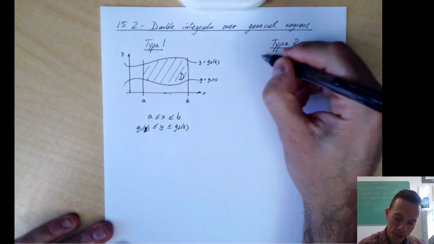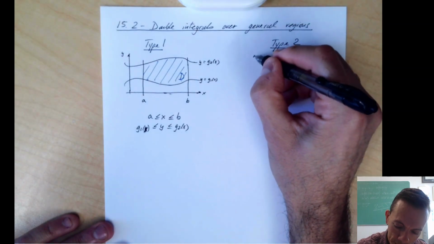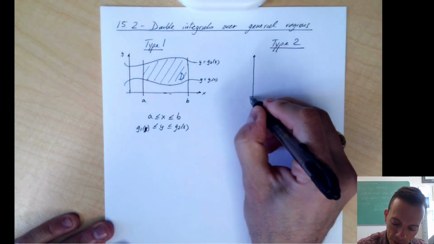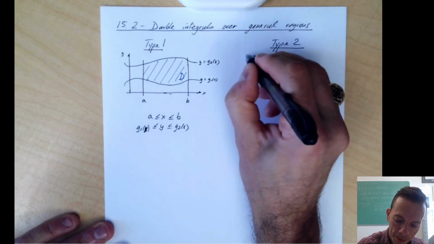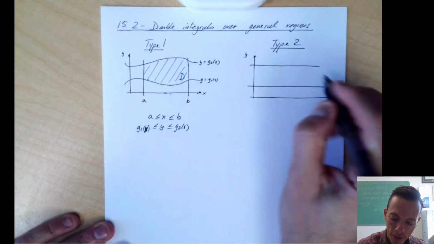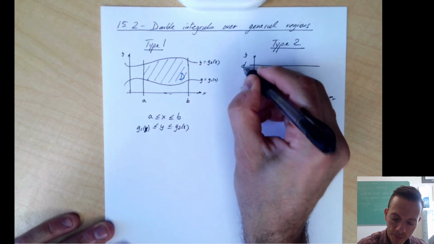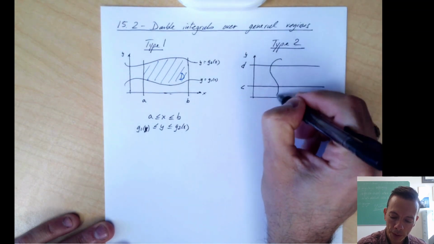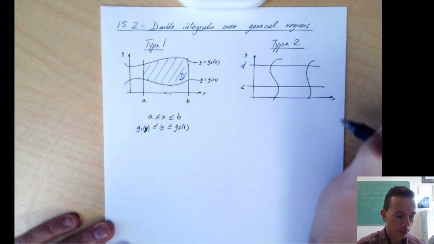Okay, so that's type 1, and type 2 is where everything is reversed. So now we're going to take two constants in y and call them c and d, and two arbitrary curves in the other direction.